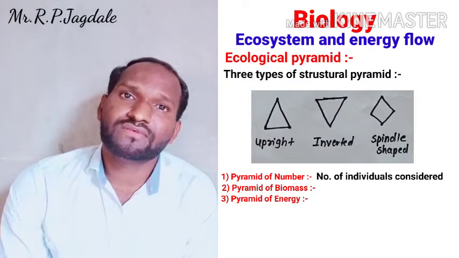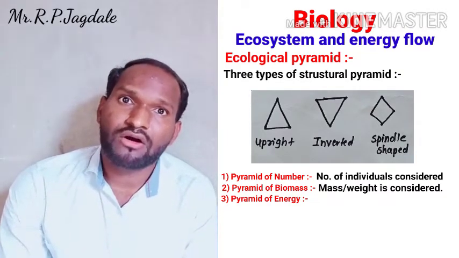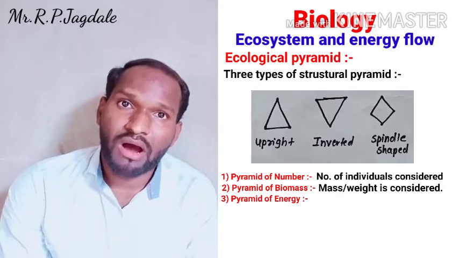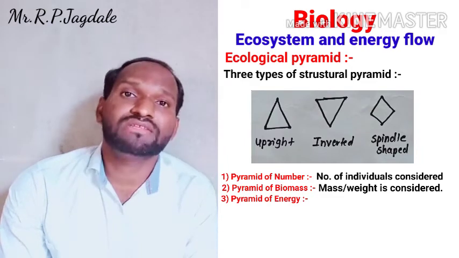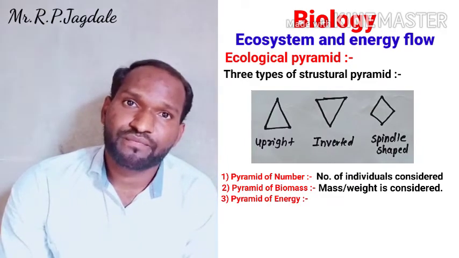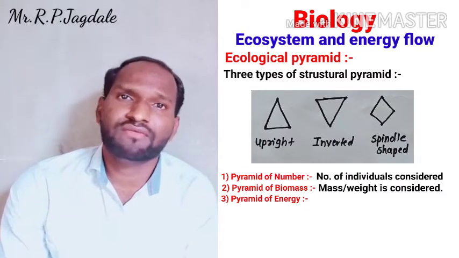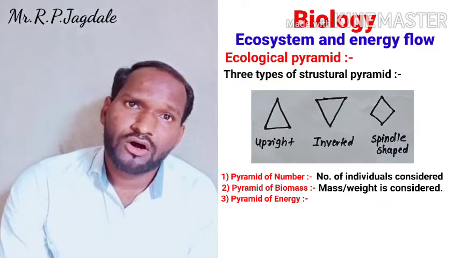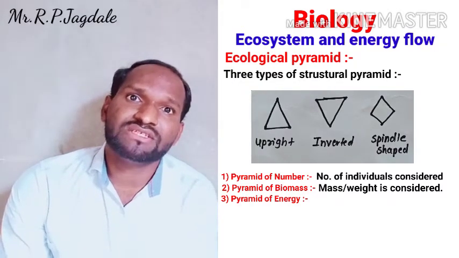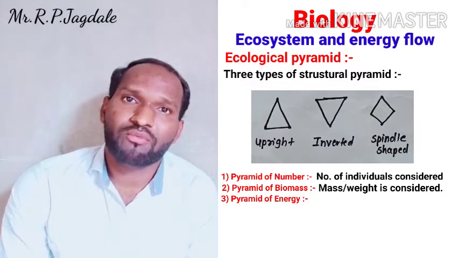In case of pyramid of biomass, while drawing the ecological pyramid, the biomass or the weight of an organism is considered, and by considering the dry weight of those organisms or individuals, the pyramid is made. That is called the pyramid of biomass.